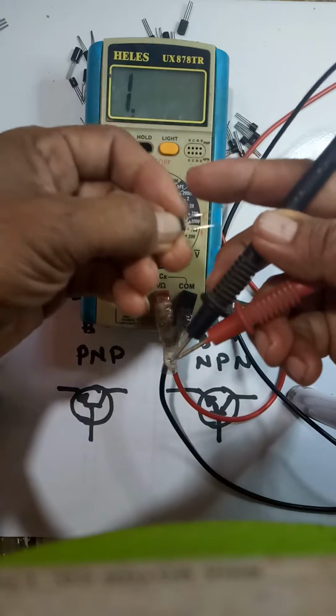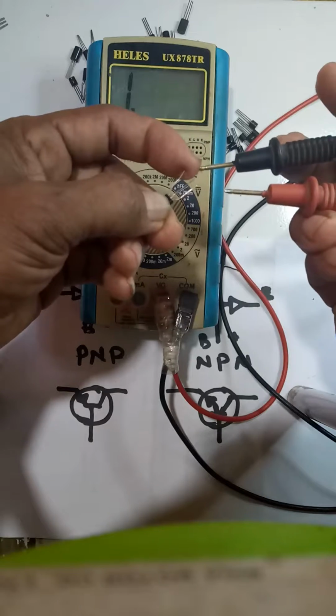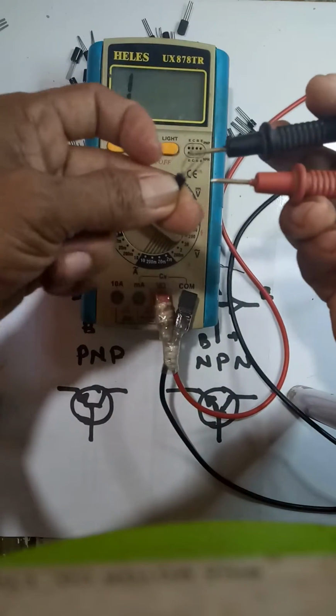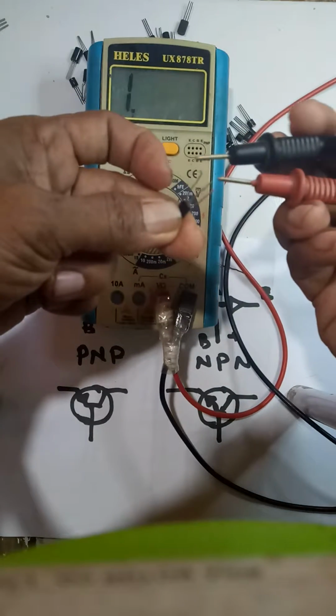This transistor is a PNP type because the base is negative.